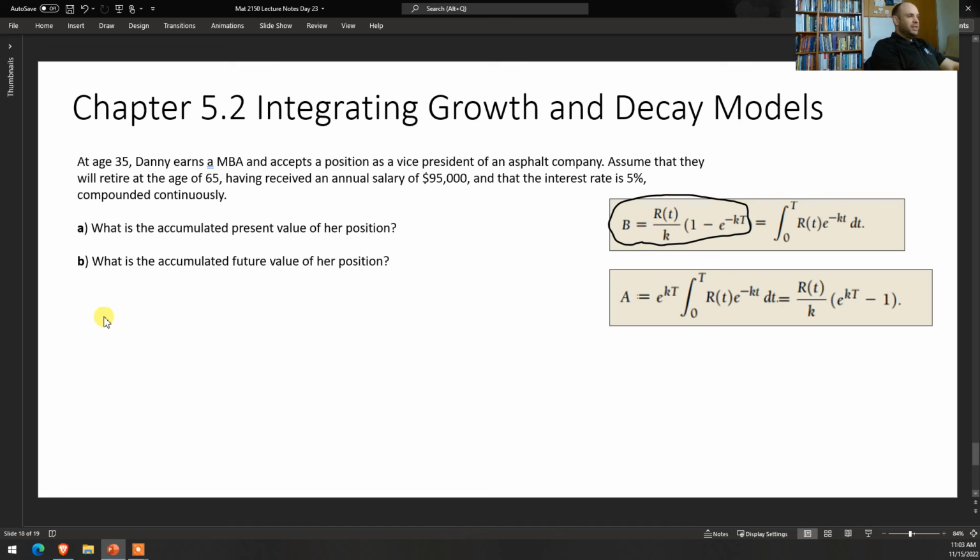So our accumulated present value will be equal to 95,000 divided by the interest rate, 0.05, times 1 minus e raised to the minus 0.05 times, well, if she was 35 and will retire at age 65, that must have been 30 years.